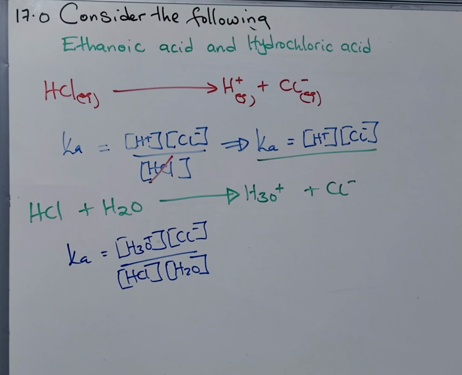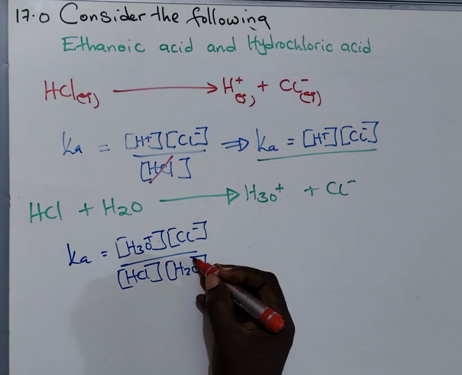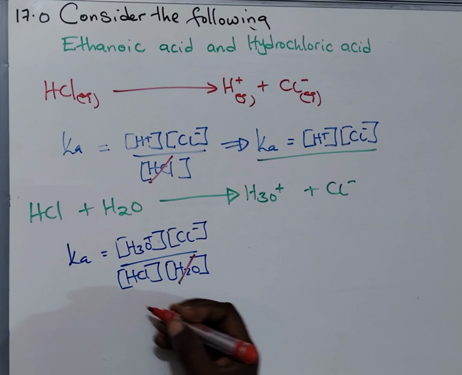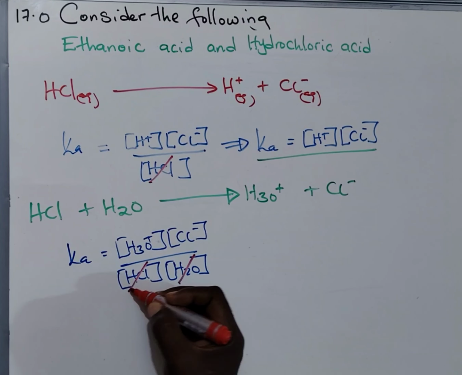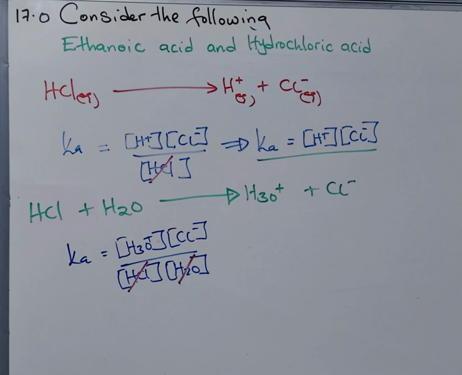But you have to remember that, first of all, water technically remains unchanged, and hydrochloric acid is completely dissociated, so we don't have it here anywhere. So with that, what do we get?